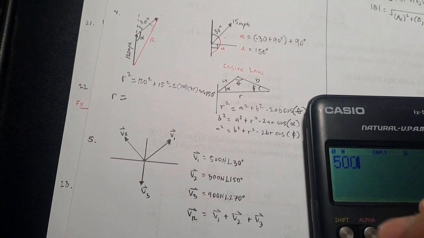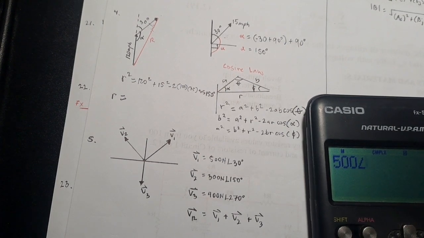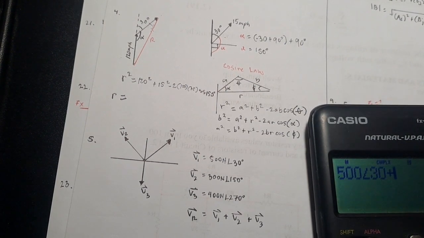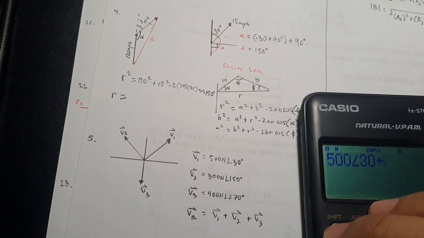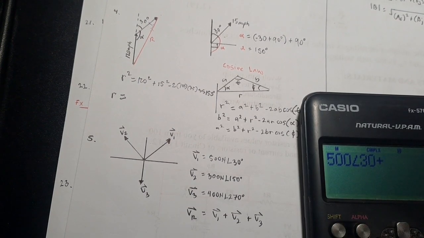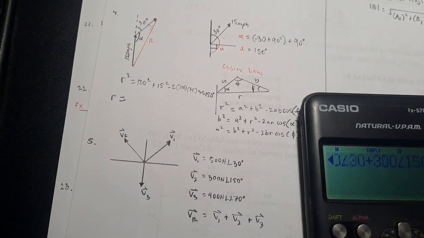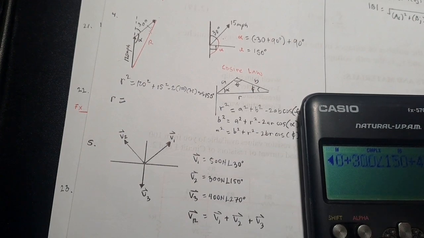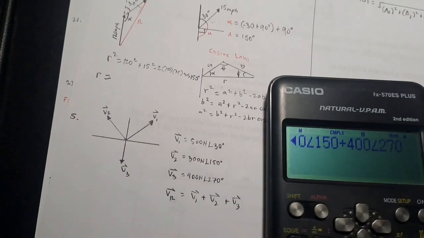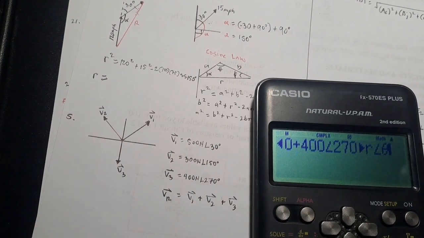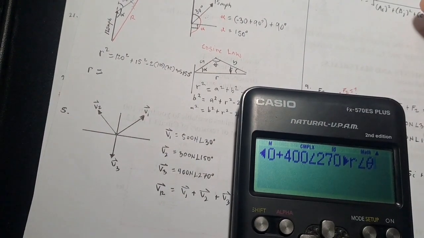So ang vector 1 natin is 500 Newton at an angle of 30. Itong vector 2 natin is 300 Newton at an angle of 150 degrees, at ang third vector natin is at 270 degrees. So don't forget shift to 3 para kagad our angle theta na.